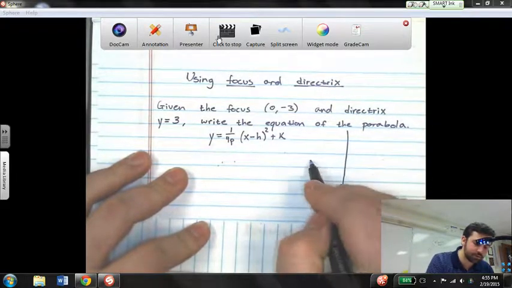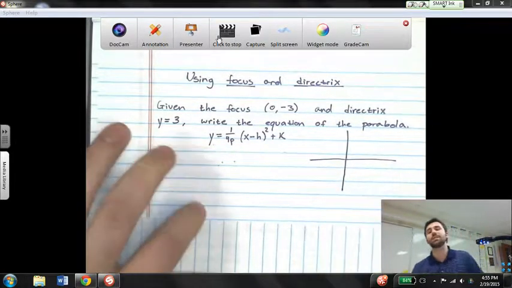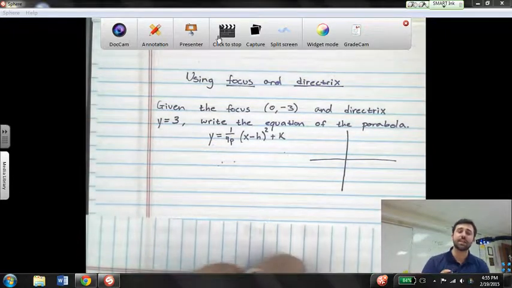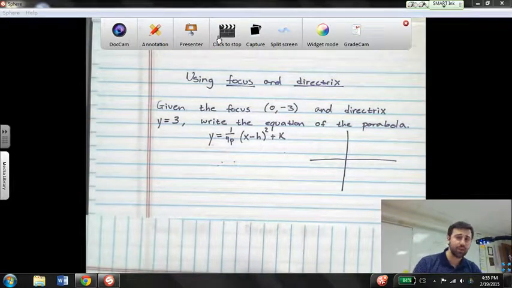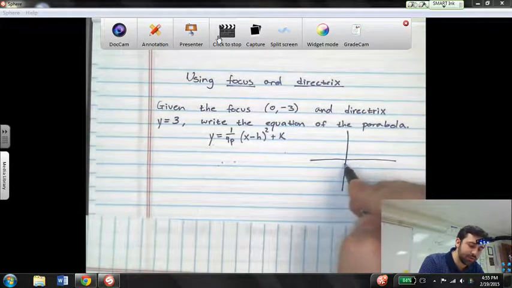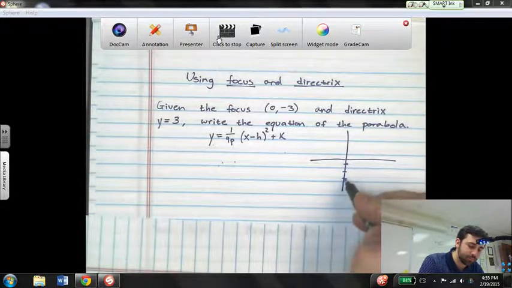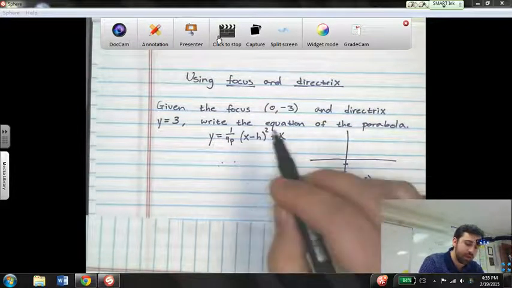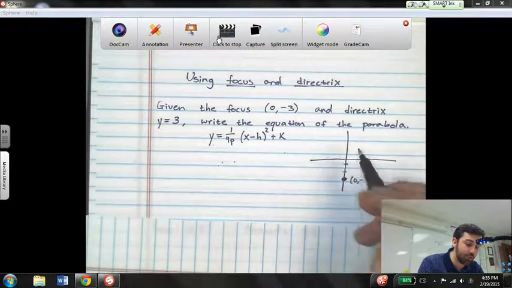is draw a quick sketch. This doesn't have to be to scale, this doesn't have to be perfect. It just has to help you find these different values. My focus is at the point 0, negative 3, and my directrix is the line y equals 3.